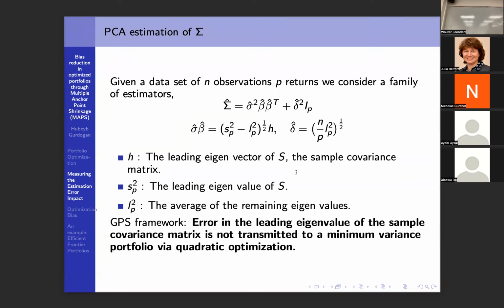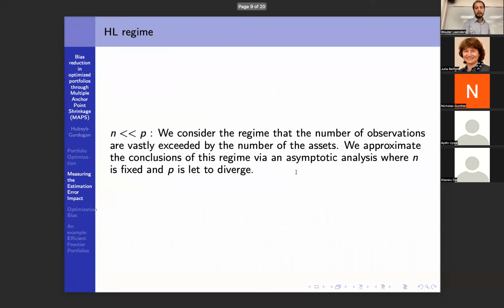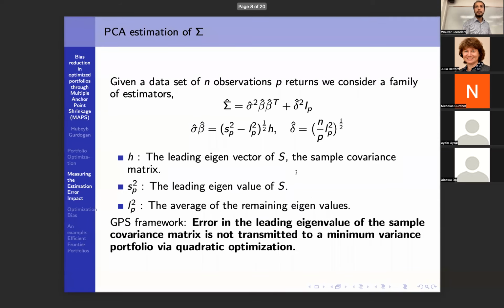But at the end, we will be shrinking that towards some meaningful target points to get a better estimate of H. That is all it matters. We have to get a good estimate of little b, that is the beta over the norm of beta, so normalized version of beta.